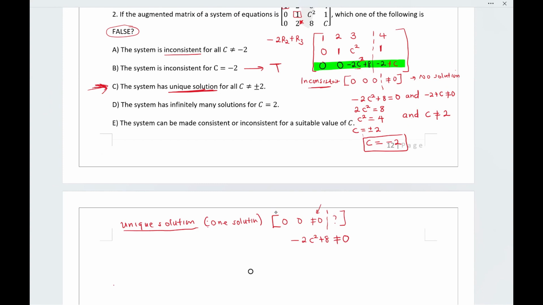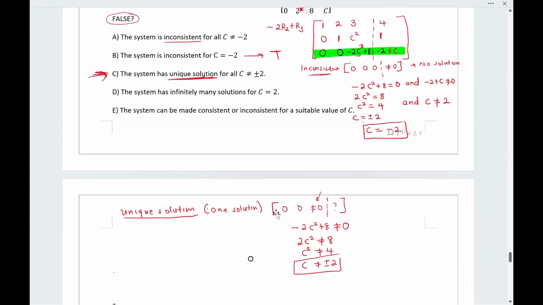That is the only thing we care about. So it means that 2c squared should not be 8, and this means that c squared should not be 4. So c should not be plus or minus 2.